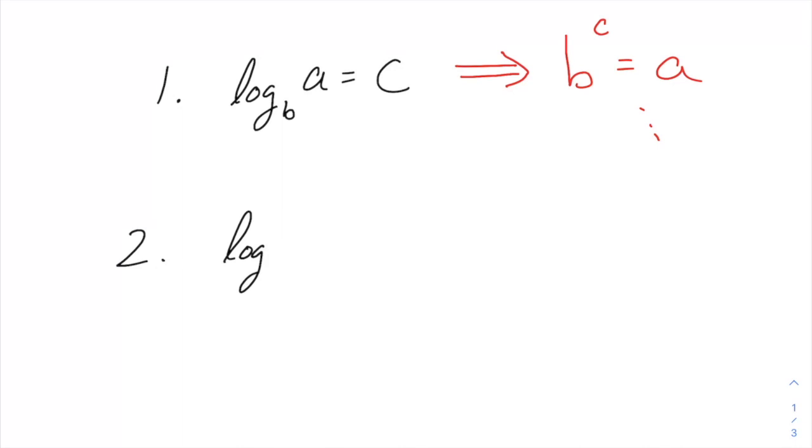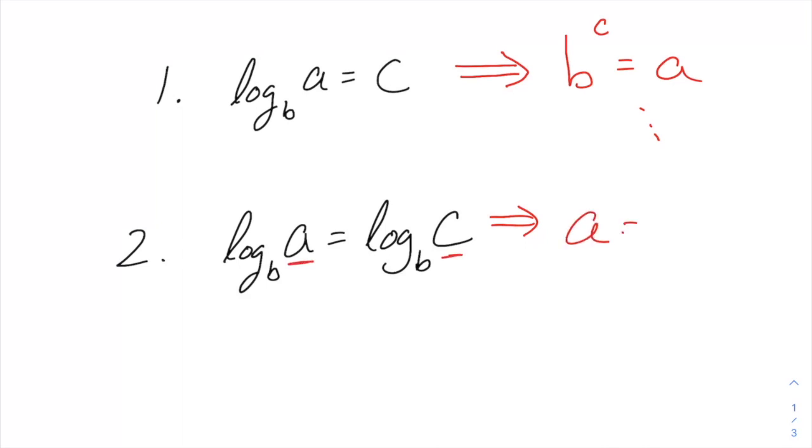Again, it might require some condensing or some power properties, but if you can get it down to log equals another log, and of course they have to have the same base, with no coefficients or extra constants added or subtracted outside, just log of a equals log of c, then the only way that's true, the one-to-one property, is if the two arguments are equal. You basically just drop the logs. So a equals c.